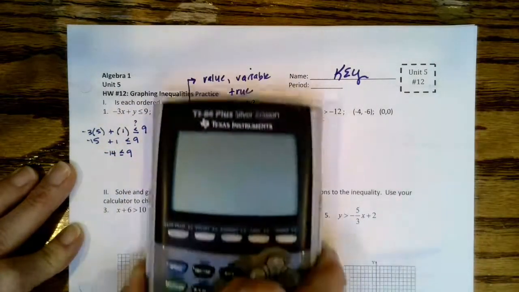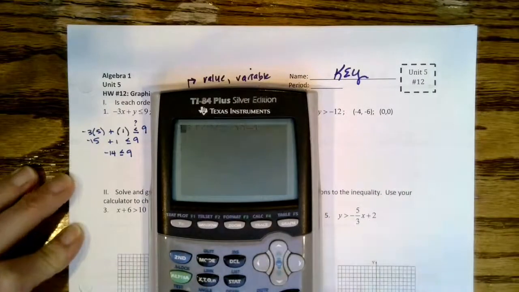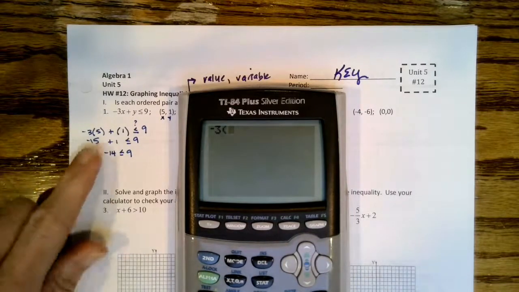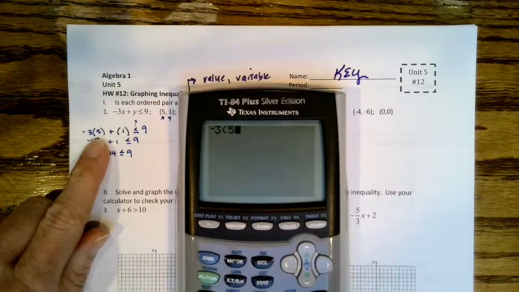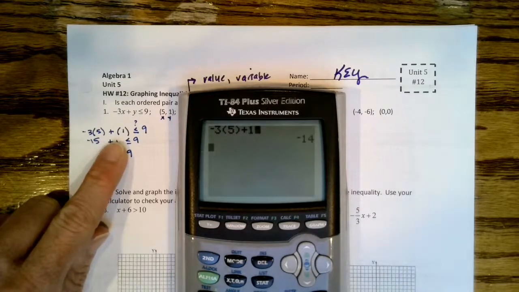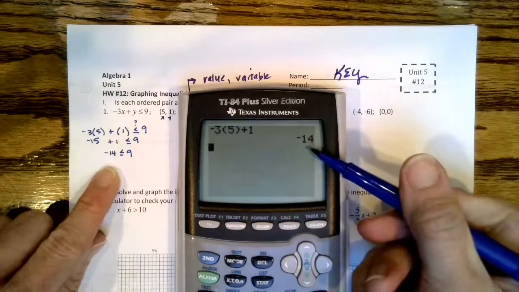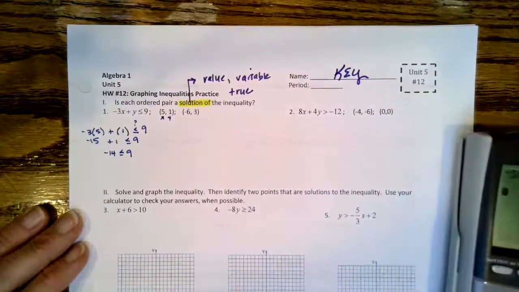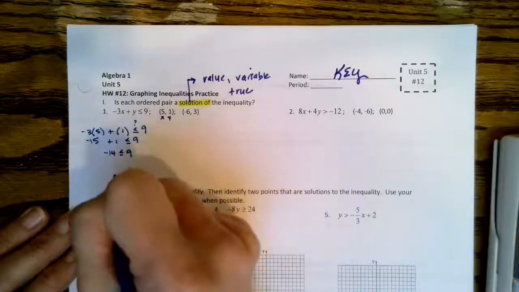If you need the support of the calculator, it's okay. Just make sure you know how to use that tool. So -3 times that x value plus that y value, and you're going to see, is that smaller than 9? Yes, it is, because remember, the alligator eats the larger value. So yes, this one is true.